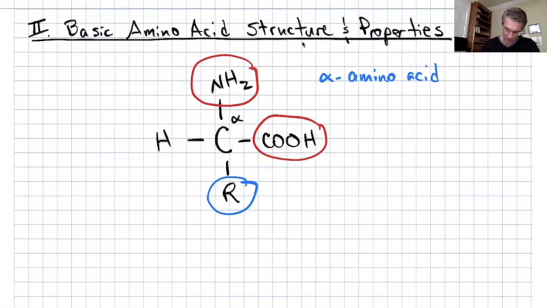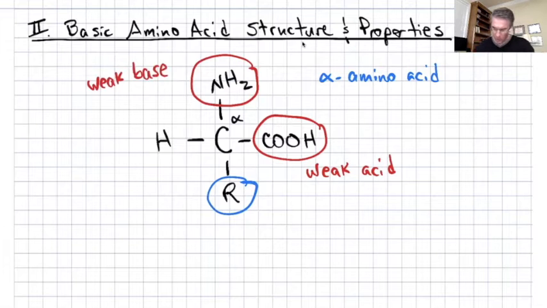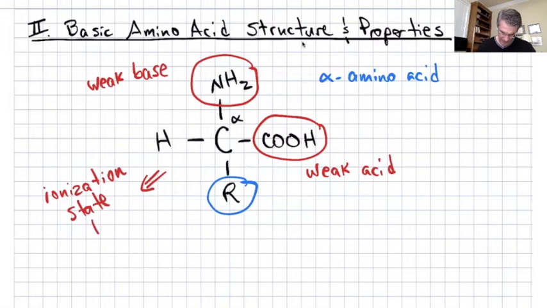Those are, of course, weak acid. In this case, it's a weak acid. And that amino group is a weak base, right? So both that carboxyl and that amino group, of course, can take up and give off protons, which means the ionization state of amino acids is a sensitive function of the pH of the solution, right?